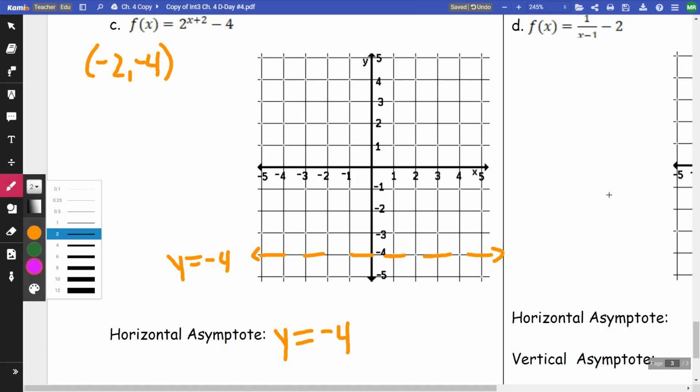Here, I'll do the rest of it, maybe in purple. So if I go to this -2, -4, which is where my asymptote meets the y-axis, I go out 2 backwards because that's -2. This is where my graph's going to start. Here I go up 1 because that's like 2 to the 0.